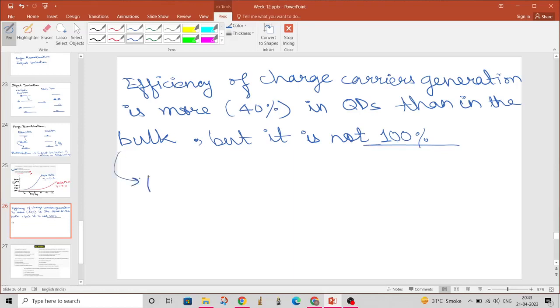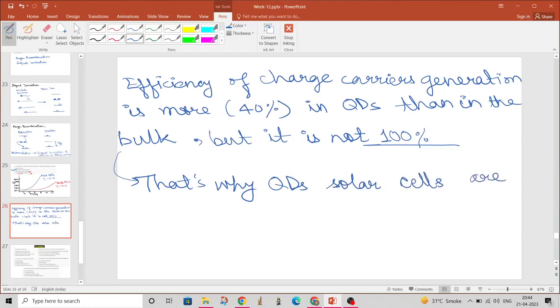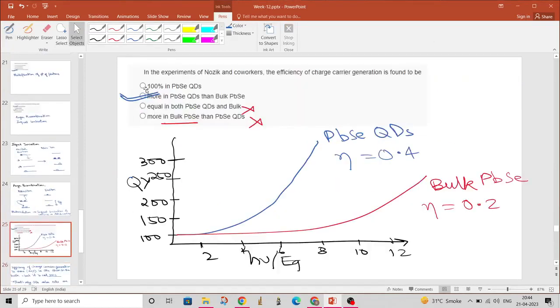So that's why quantum dots are used to make solar cells. Okay, so to answer this question, the correct option is B, more in PbSe quantum dot than bulk PbSe.